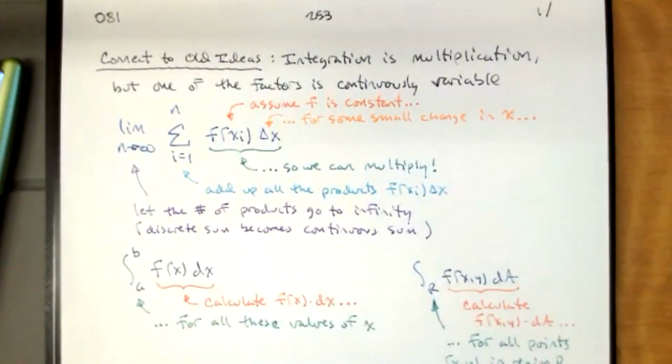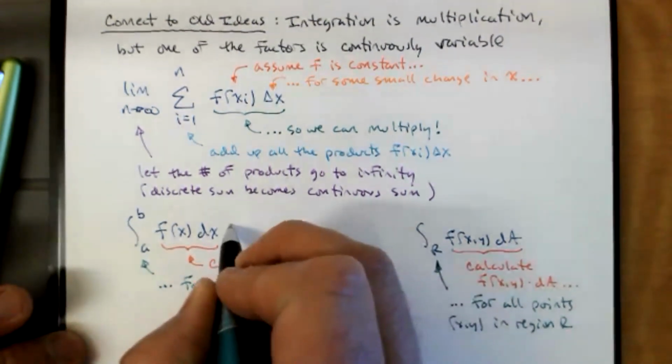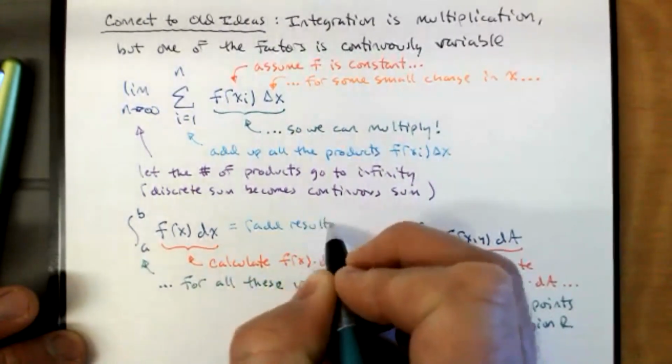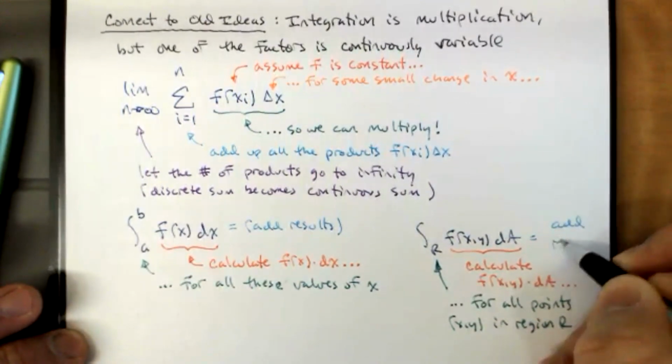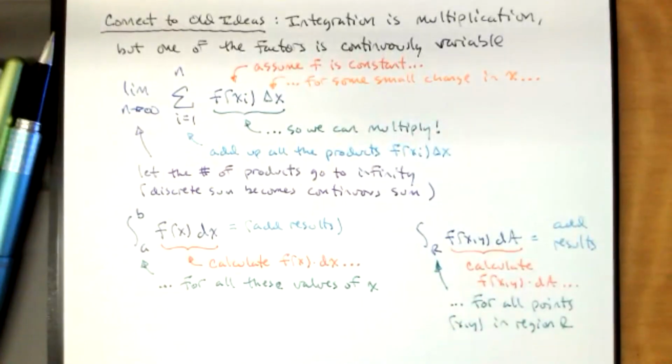We're calculating f of x y times dA for all the points x y in the region R. Then we add up the results. So we're thinking about our multiplication problem in terms of addition.